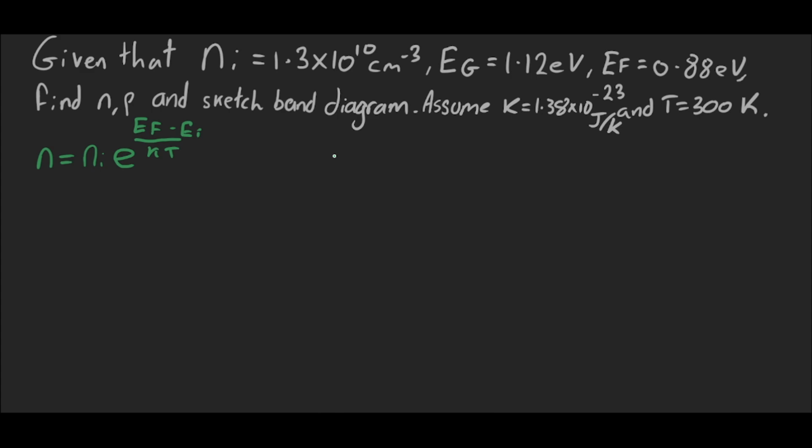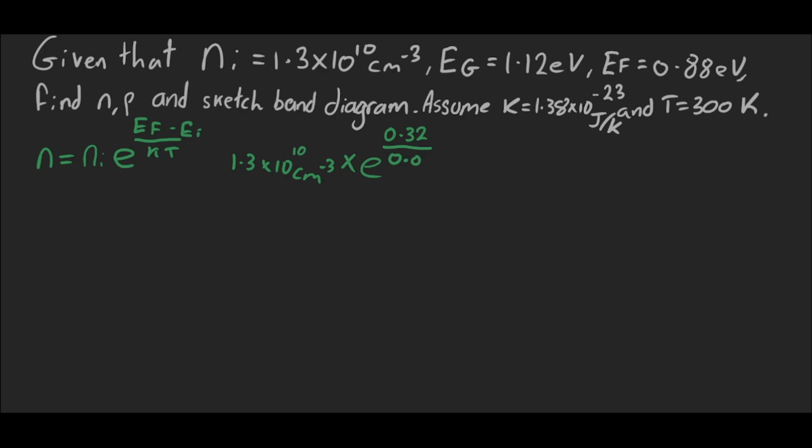Let's plug the numbers in here. 1.3 times 10 to the power of 10 per cubic centimeter multiplied by e to the power of Ef minus Ei. Ei is half the band gap, so that's 0.56 electron volts, which consequently gives us 0.32 electron volts in the equation.